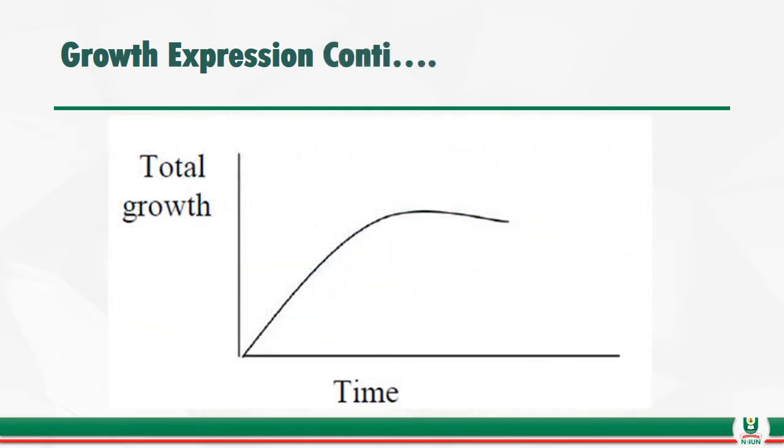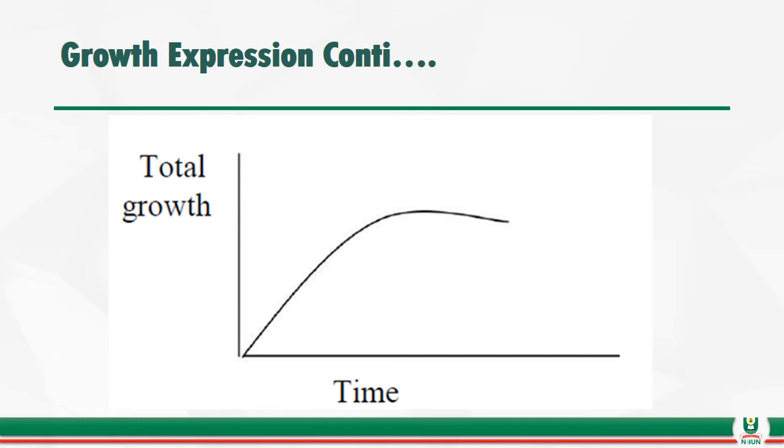Such a graph is what we are seeing in this slide, where on the vertical side we have the total growth, and on the horizontal part we have time, and we could see the curve as it appears. At the initial time, the growth may be very small, not very fast.